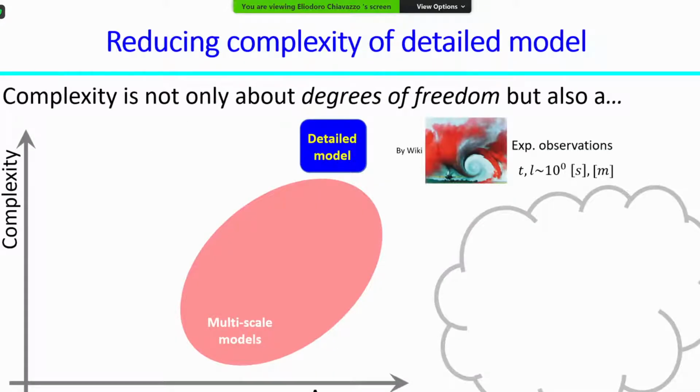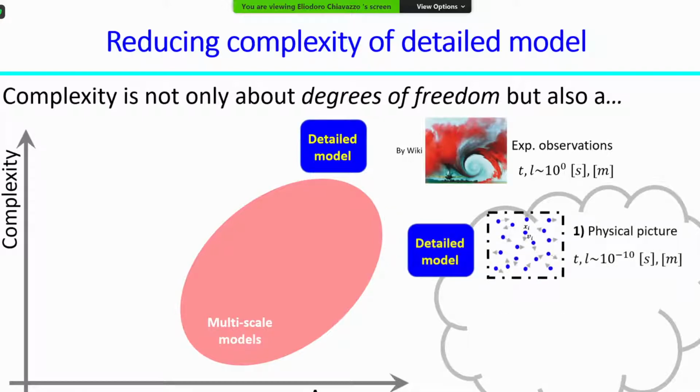So again, detailed models and complexity: we should realize that complexity has not only to do with degrees of freedom. If you think, for instance, of the turbulent flow that you see here, and you really want to construct a model starting from first principles, you actually have to describe all the molecules in your system, and this is a system that lives in those space and time scales.